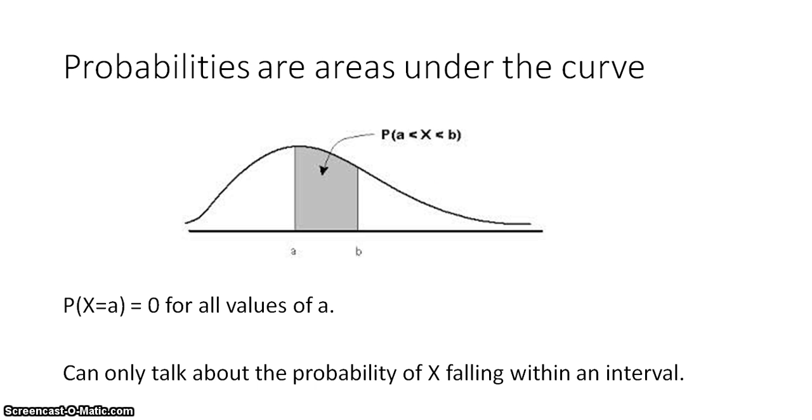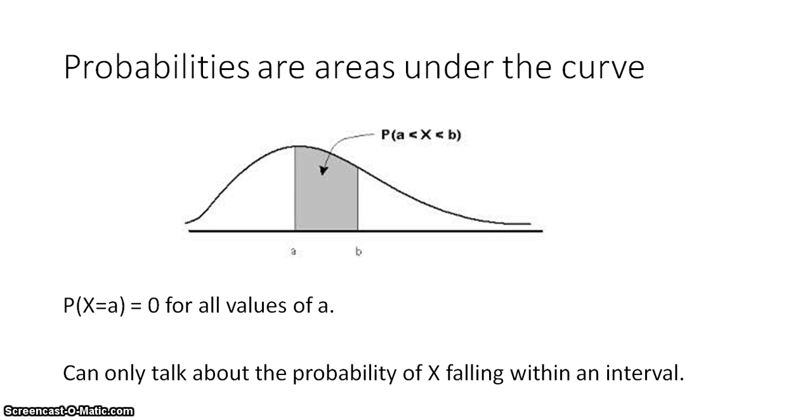So, for instance, if we want to find the probability that our random variable x takes on a value between a and b, then we are going to find that by finding the area under the curve between a and b. Since there's no area under a curve at an individual point a, the probability that x takes on the value exactly equal to a is actually 0 for all values of a.